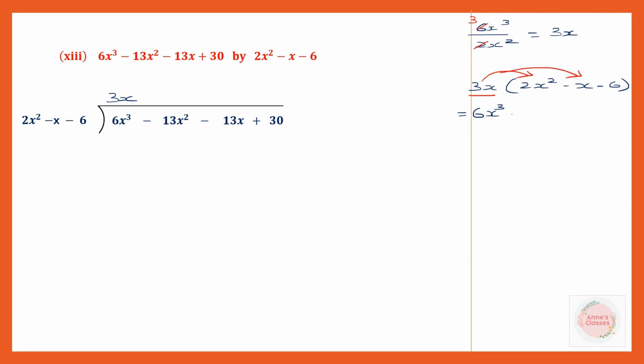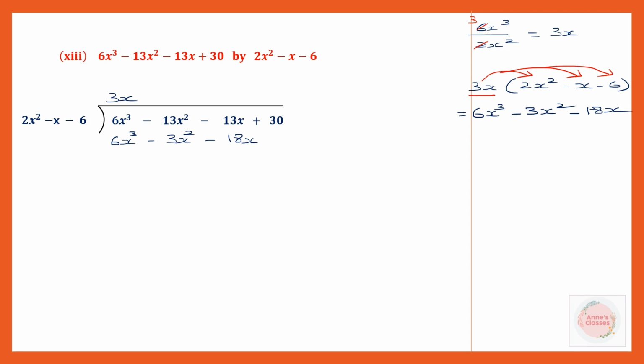So the sign is minus, the number is 3, x into x is x square. Multiply it by minus 6 now. The sign is minus. The number 3 6s are 18 and we have x. So what we have got now, we're going to write it below this here, below the dividend. So we'll write that. That is 6x cube minus 3x square minus 18x.